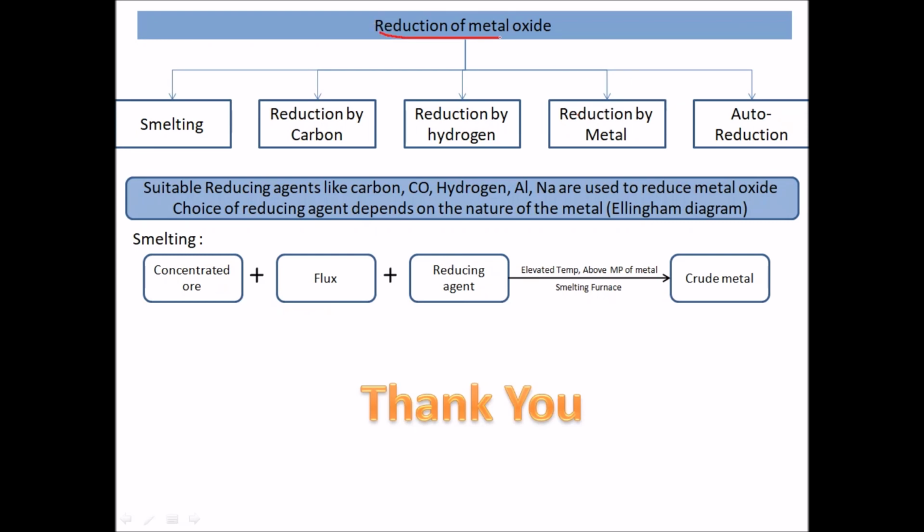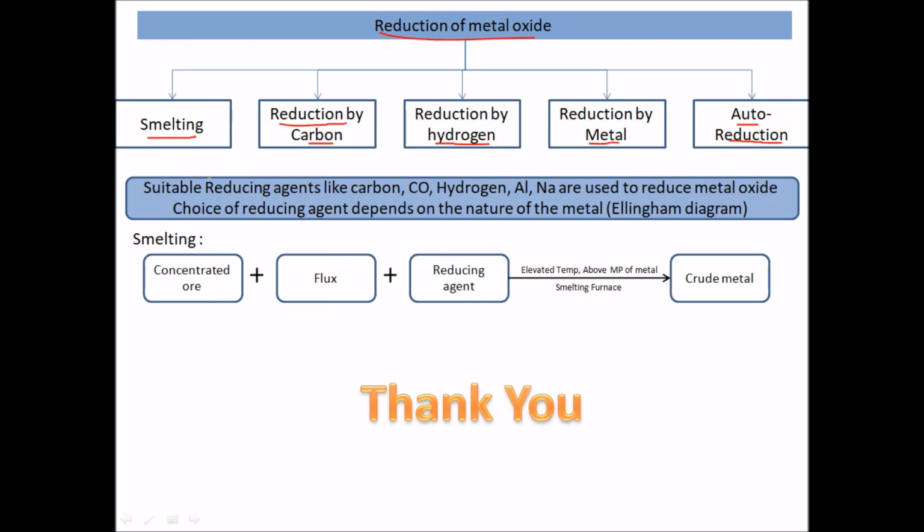In the reduction of metal oxide, a suitable reducing agent can be used for a particular metal, and it can be classified into different types, which may be smelting, reduction by carbon, reduction by hydrogen, reduction by a metal, or auto reduction.